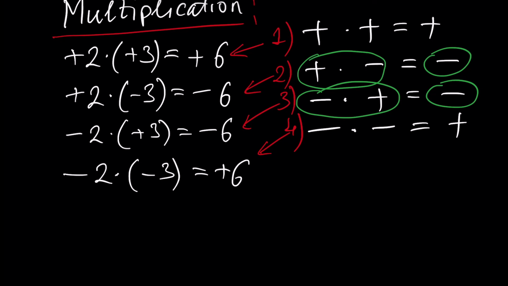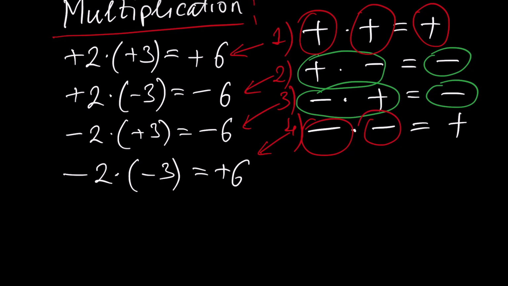So when signs are different, multiplication always gives minus. And when signs are the same, it can be plus times plus is plus, and minus times minus is again plus. So the second rule, when we have the same signs, multiplication always gives plus.